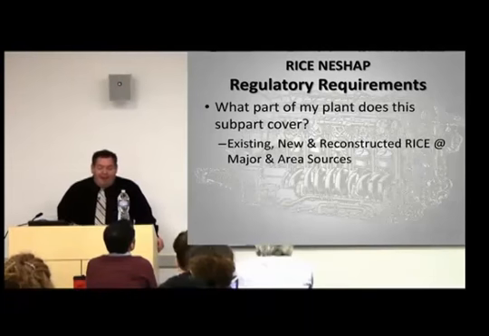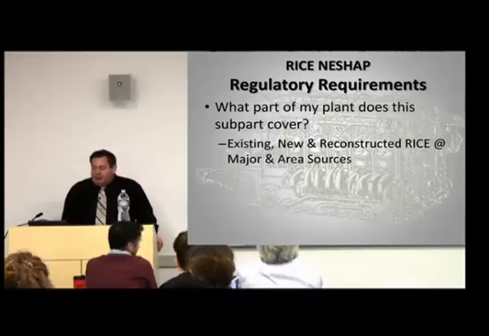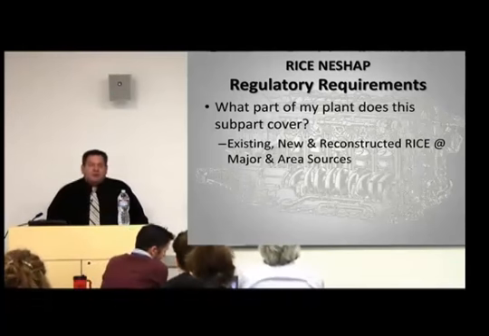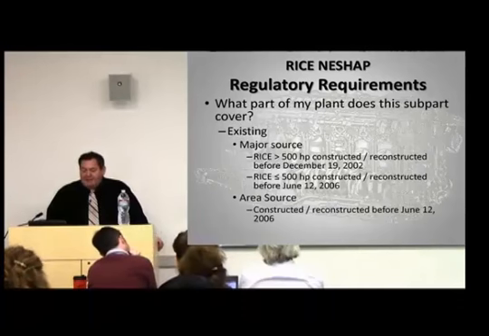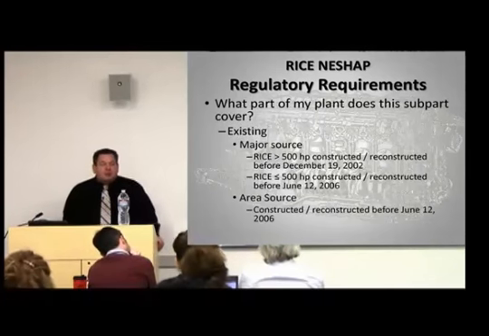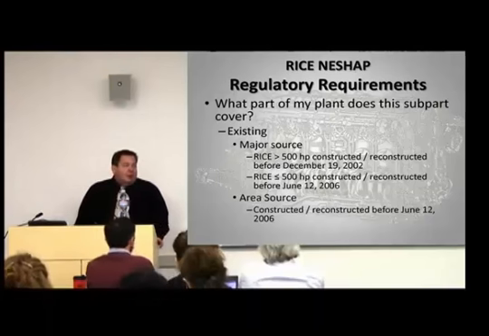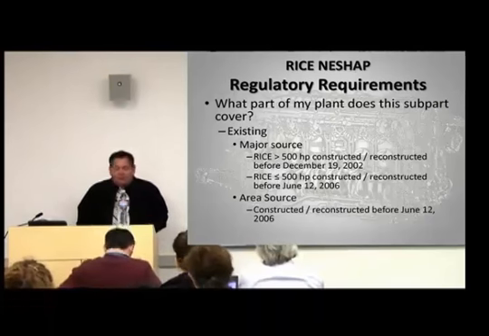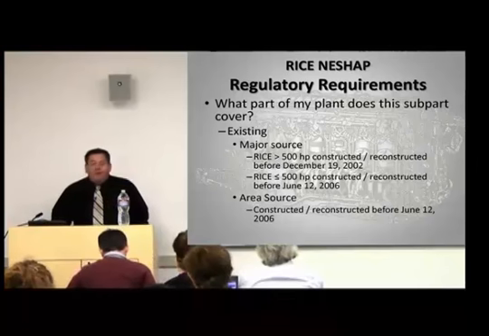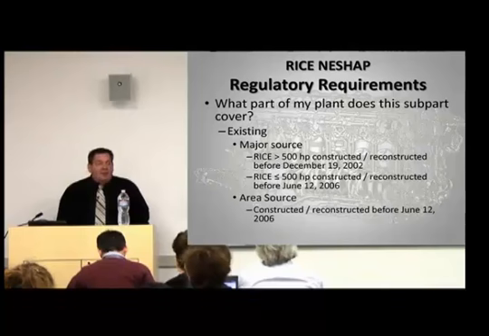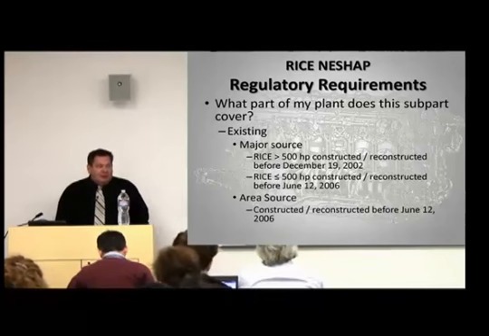What part of my plant does this subpart cover? Existing, new, and reconstructed engines at major and area sources. So let's define the difference between existing and new and reconstructed. Existing, as it applies to major sources, greater than 500 horsepower: if they were in place before December 19th, 2002, they're existing. For engines equal to or less than 500 horsepower, the magical date is June 12th, 2006.